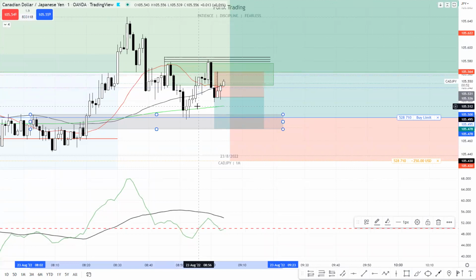So the idea is, yeah, we did break structure, but we also rejected off of 50%, and we did not put in a new high. I guess the buyers can try again, but I don't think that.